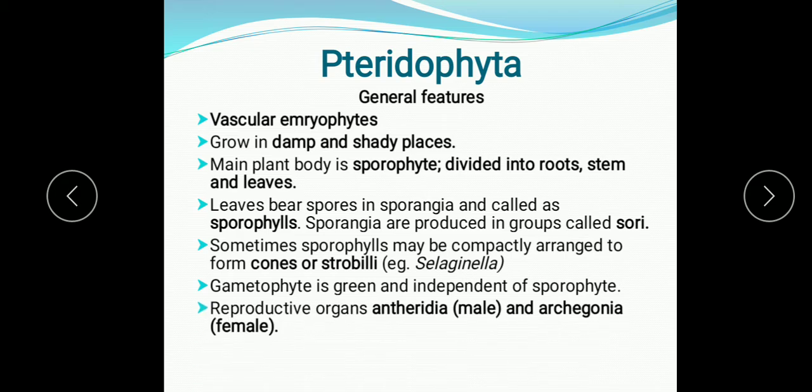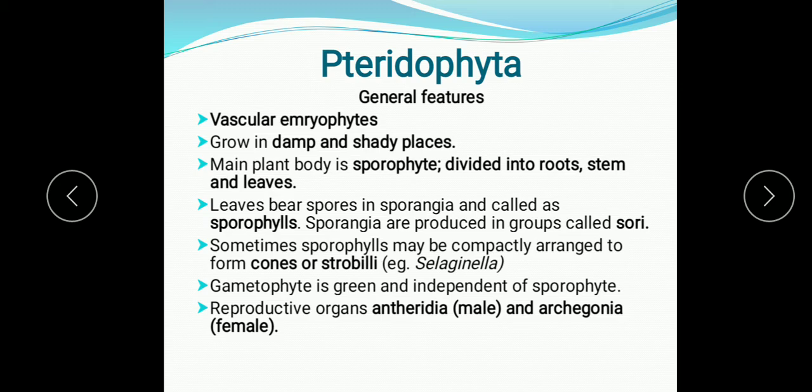Their reproductive organs are antheridia and archegonia, as we have studied. Male gametes are antherozoids. They are spirally coiled and multiflagellated. In bryophytes, we studied that the male gametes are biflagellate, but in pteridophytes the gametes are multiflagellated.